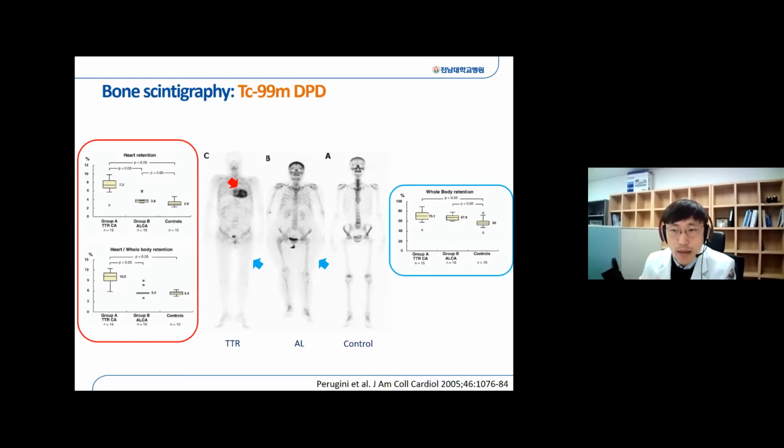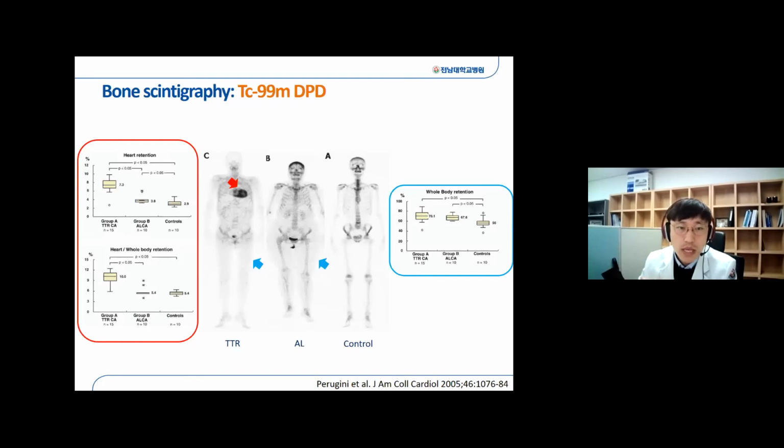In cardiac MR studies, TTR cardiac amyloidosis shows more extensive late gadolinium enhancement, which represents myocardial necrosis and fibrotic scar, and the uptake of bone scan agents is also based on myocardial necrosis and dystrophic calcification.